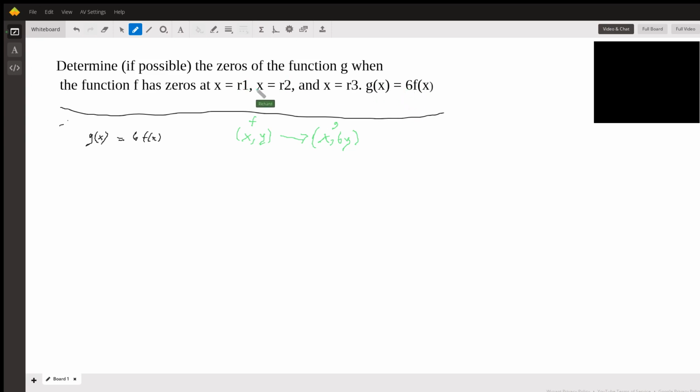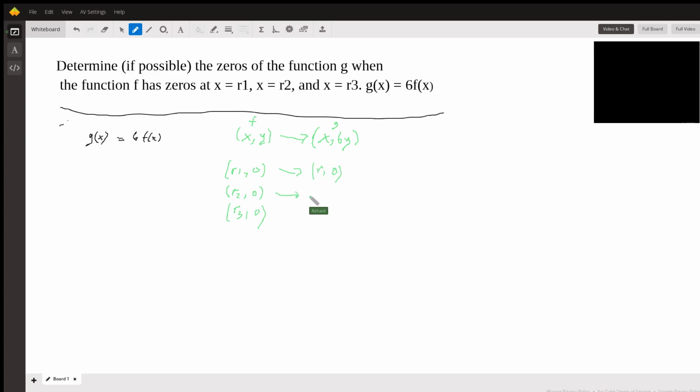So if we know that on f, r1 is 0, r2 is 0, and r3 gives you 0, then it must also be true that 6 times 0 is 0.